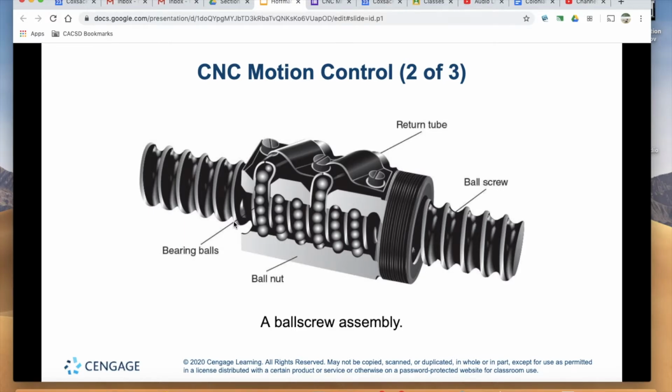There's little to no end play in that ball nut, so it is very precise and predictable how far and how fast the ball nut is going to travel across the ball screw, which is dependent on how many threads and the spacing between the threads. But the essence of this is the ball bearings, which make the precision movement possible.